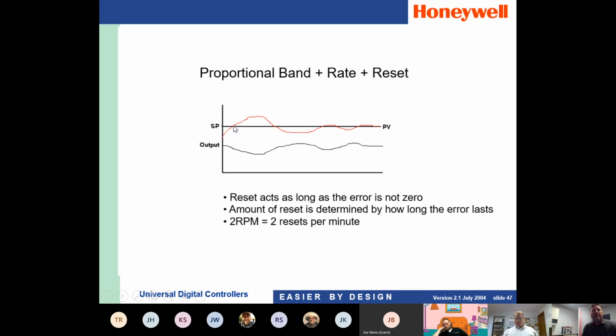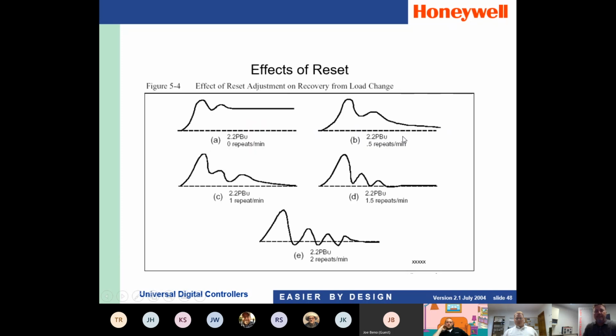The optimum tuning parameters would allow the process variable to come up to set point with very little overshoot or undershoot and control right along those lines with no deviation at all.